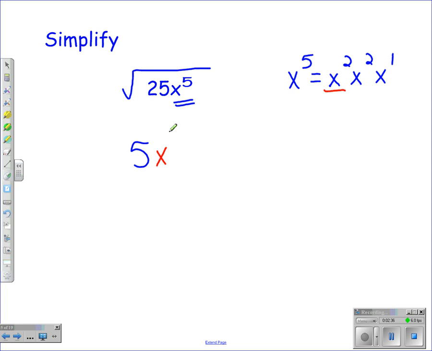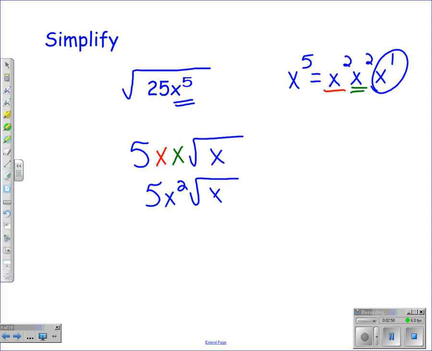And then we have another x squared here, so the square root of that x squared is also x. The last thing is the square root of x to the 1st power. We cannot take the square root of x to the 1st power, so we'll leave it underneath the radical. And that means that we'll have 5x squared times the square root of x as our final answer.